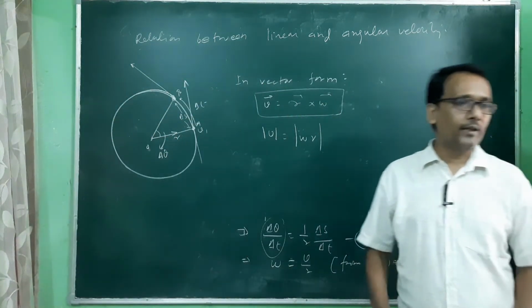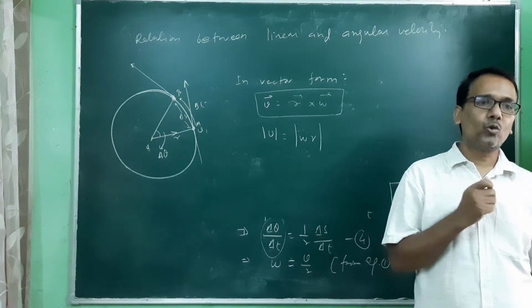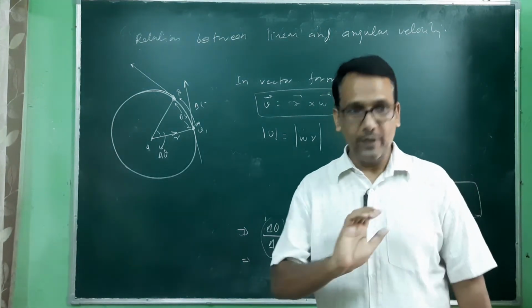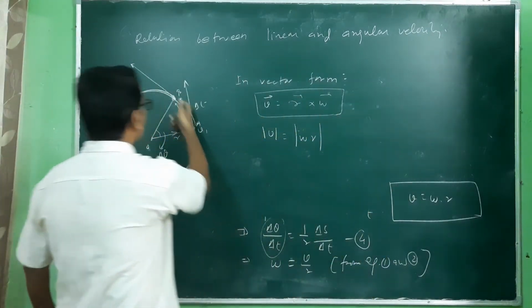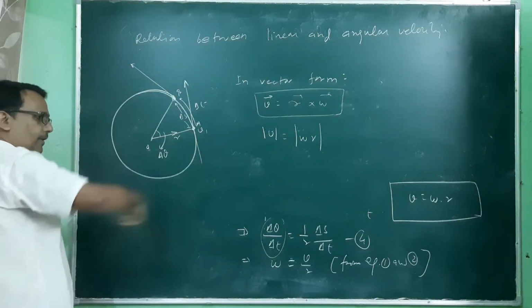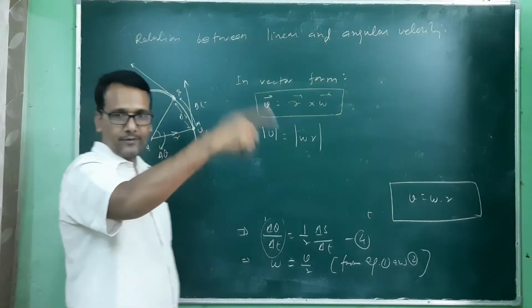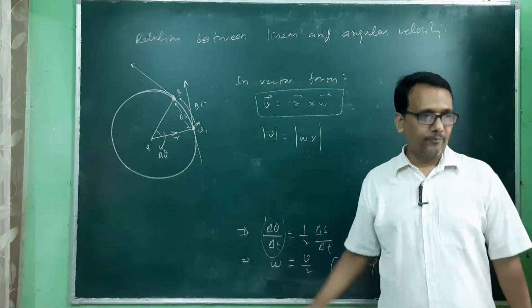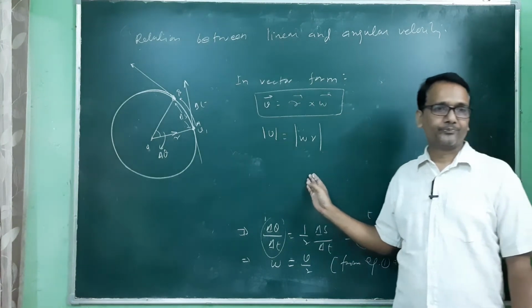Okay, so the direction of omega, the angular velocity, will be normal to that plane. It is in a mutually perpendicular direction, so the right hand screw rule is used here. So the direction of omega is always normal to the plane. If this is rotating like this, in the clockwise direction, then the direction of omega will be inside the plane.